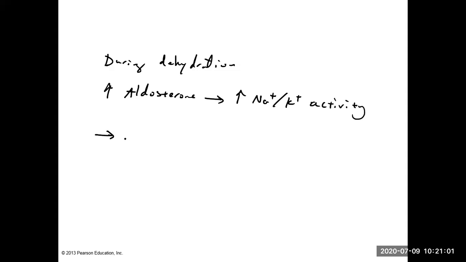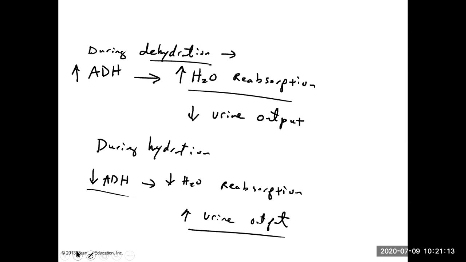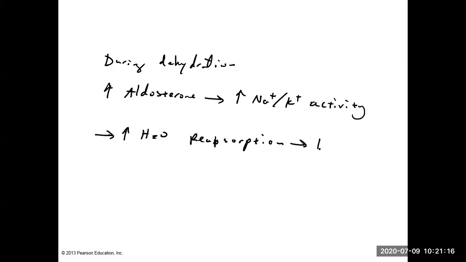Therefore, you would have more water reabsorption, and therefore, again, the same thing as this one. Therefore, you would have lower urine output. And during hydration, exactly the opposite would occur.